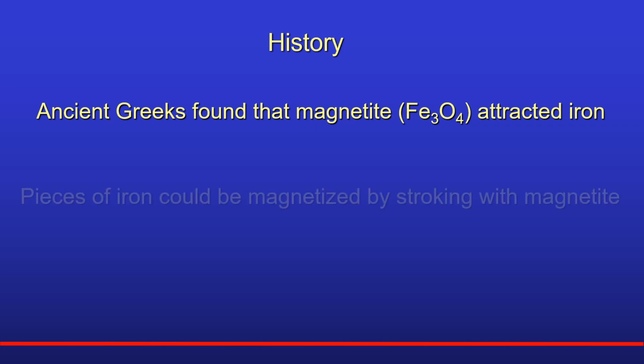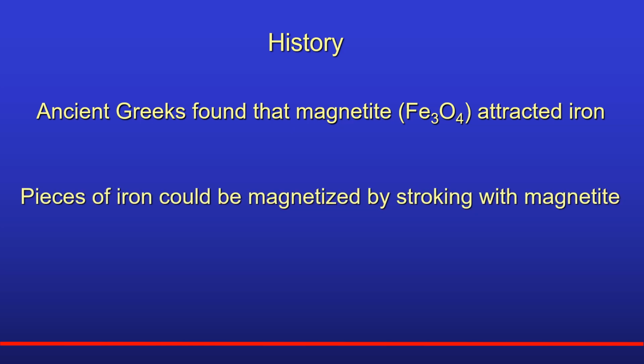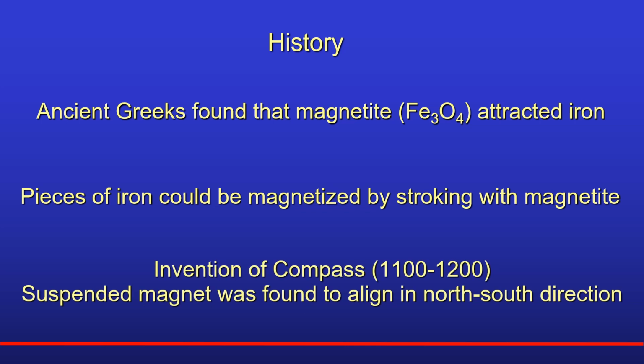Then they discovered that a piece of iron that did not have this property could be magnetized by stroking it with a piece of magnetite, so that this new piece of iron now had the property of being magnetic, and it could attract other pieces of iron to itself.